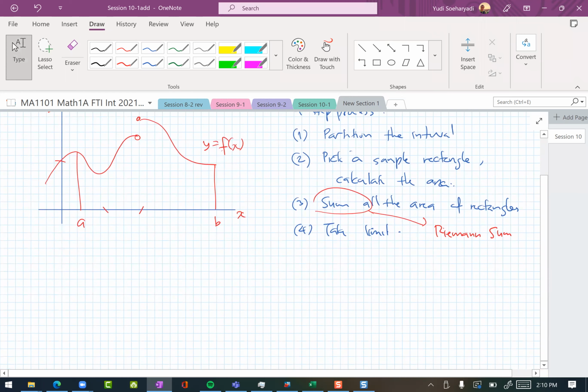Okay, so let's do this one. Partitions. Partition means we divide this interval.